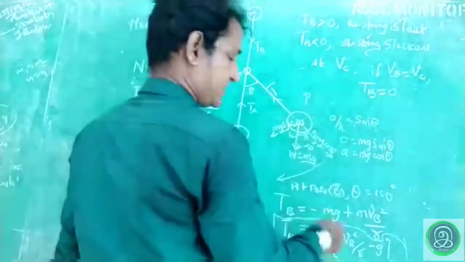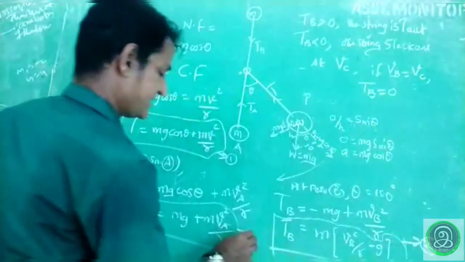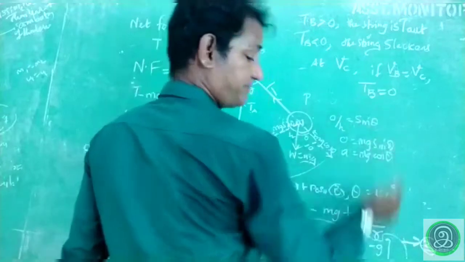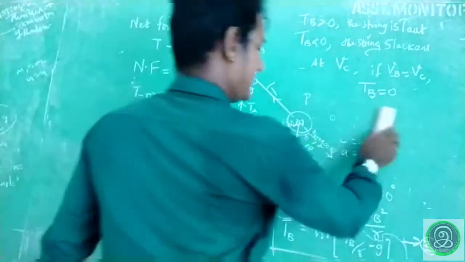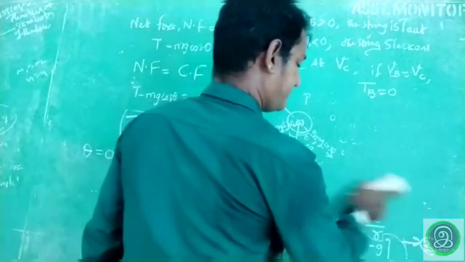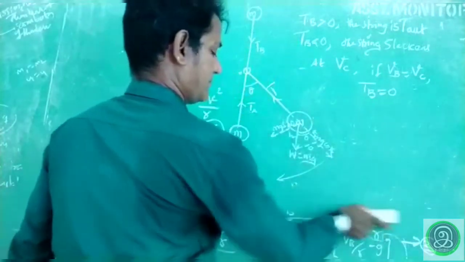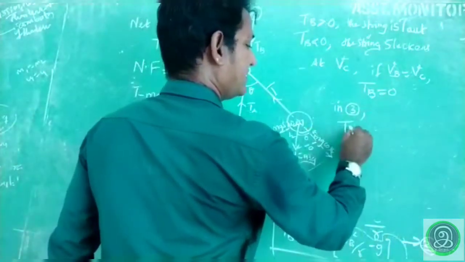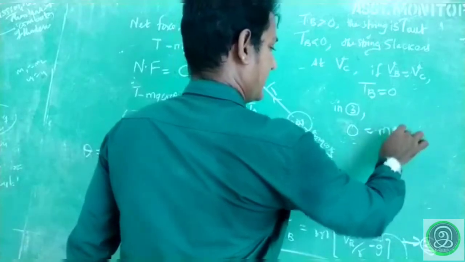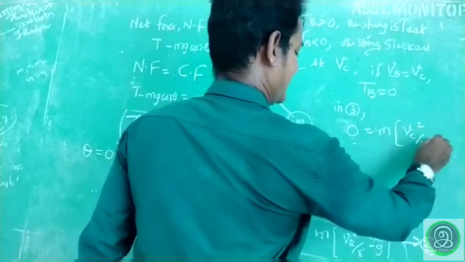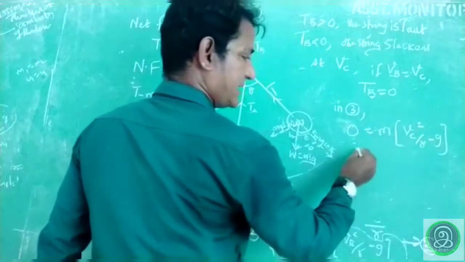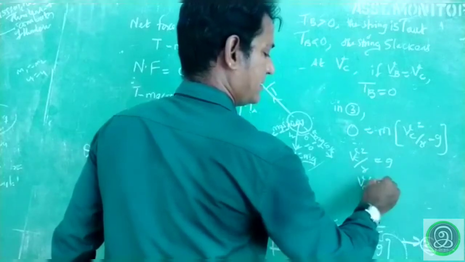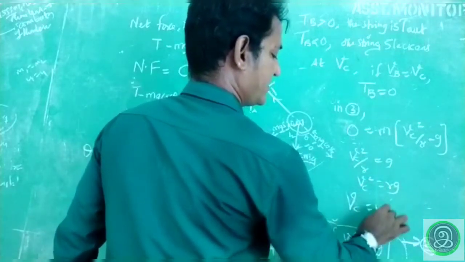So in equation 3, if I put Tb equal to 0: m of Vc squared by R minus mg equals 0, then Vc squared by R equals g, Vc squared is equal to Rg, then Vc is equal to square root of Rg.